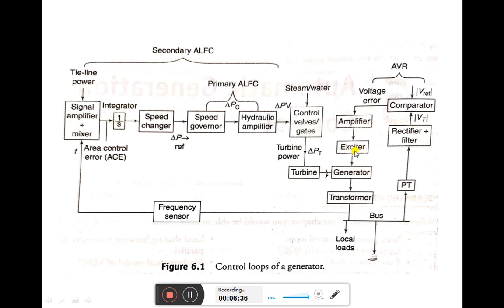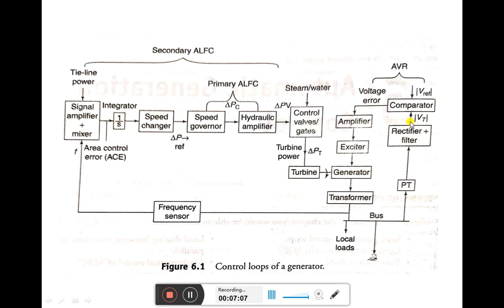Therefore, if the flux increases, the induced EMF also increases, and that extra induced EMF, through the transformer, we are feeding to this bus where we were facing the problem of deficient voltage. So in this particular loop, this part we are calling the AVR, automatic voltage regulator. This automatic voltage regulator will regulate the magnitude of voltage in the system.